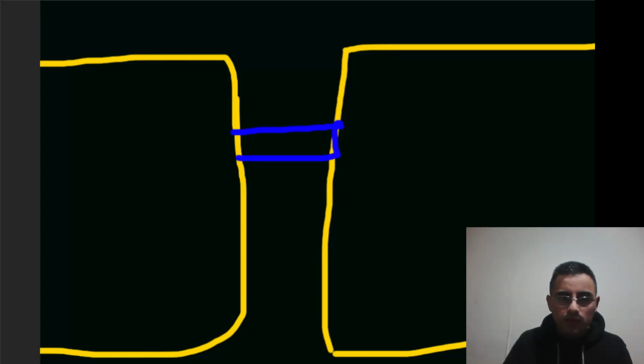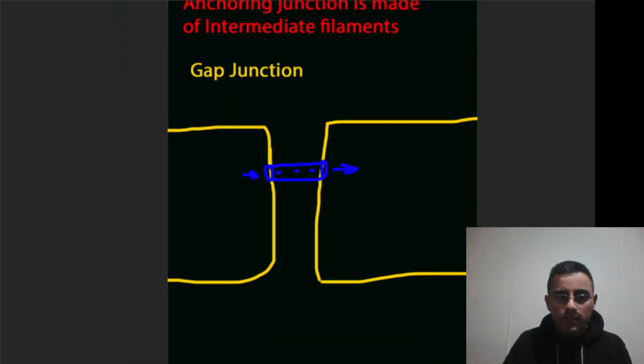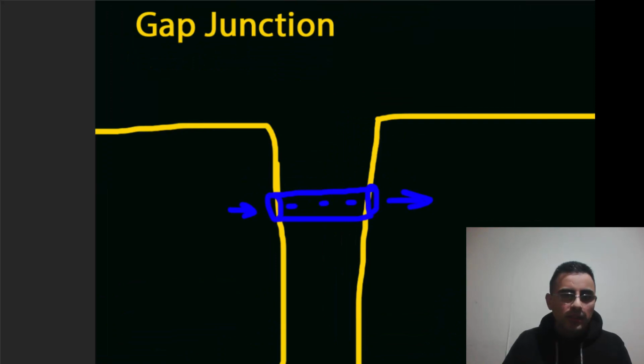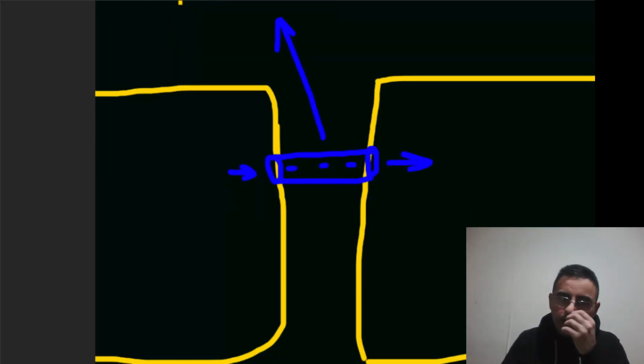Imagine this is a tube. It is made of many molecules, but it is a tube. You can look from here and see what happens here. It's a gap junction. Okay, it's very easy.